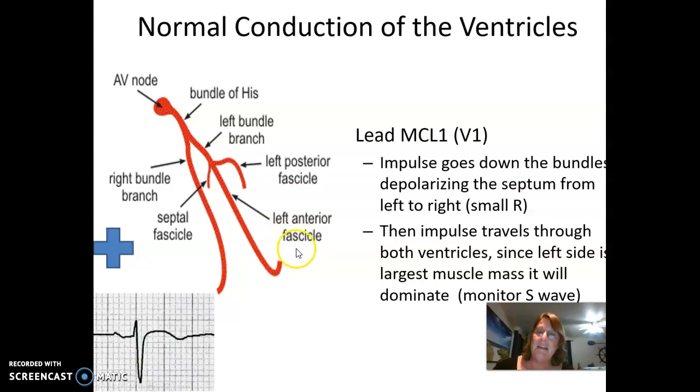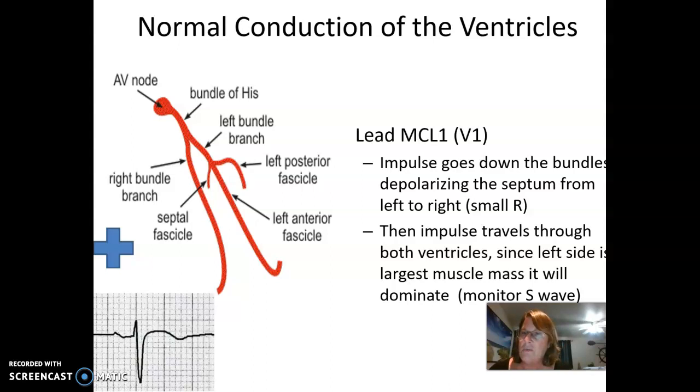And the left side is coming away from this positive electrode. The conduction is coming down this way through the left side, away from this positive electrode. So that is going to give you your nice deep S wave. So you get a little baby R and a nice deep S wave, and that's normal of what you would see with normal conduction in an MCL1.